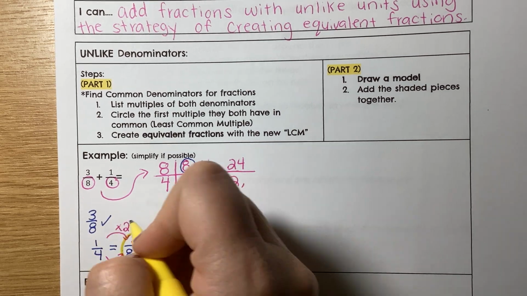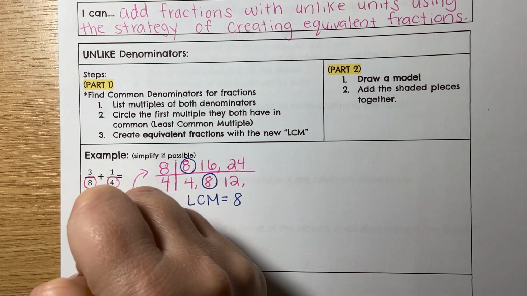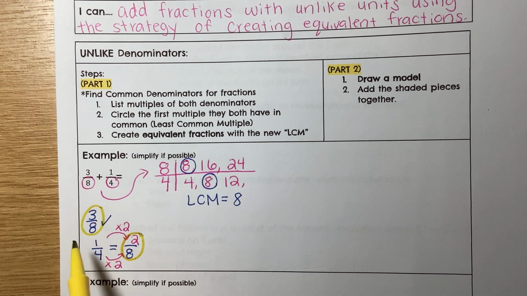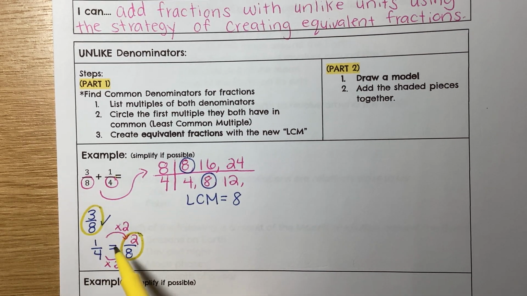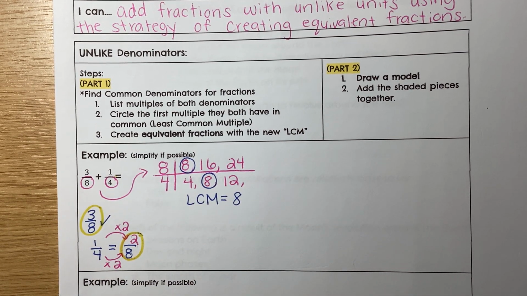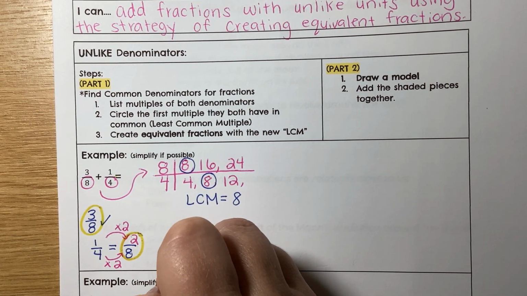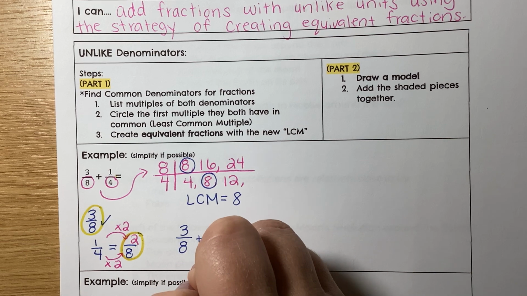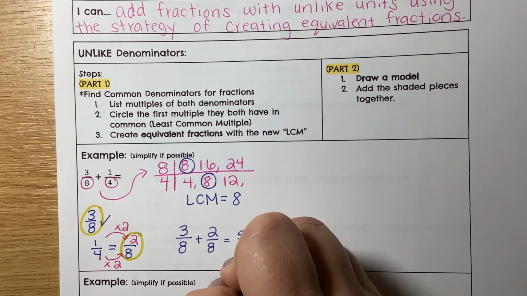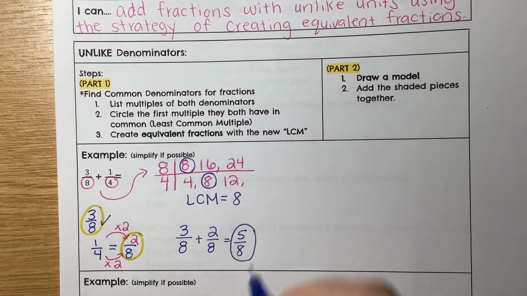So 2/8 is equivalent to 1/4. I'm going to take the original 3/8 and the 1/4 that I've now changed to 2/8 and add them together. So 3/8 plus 2/8 equals 5/8.